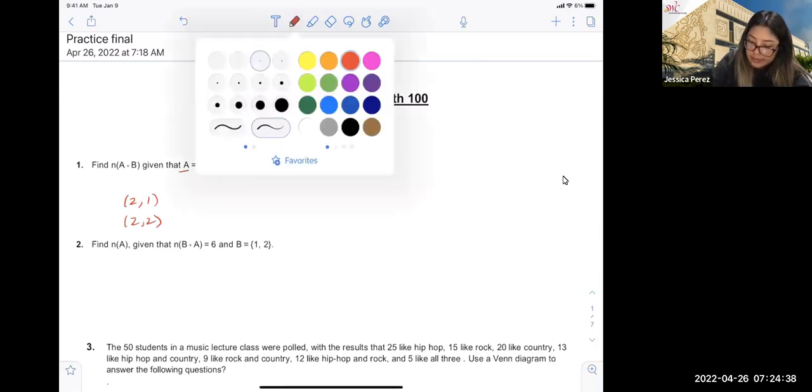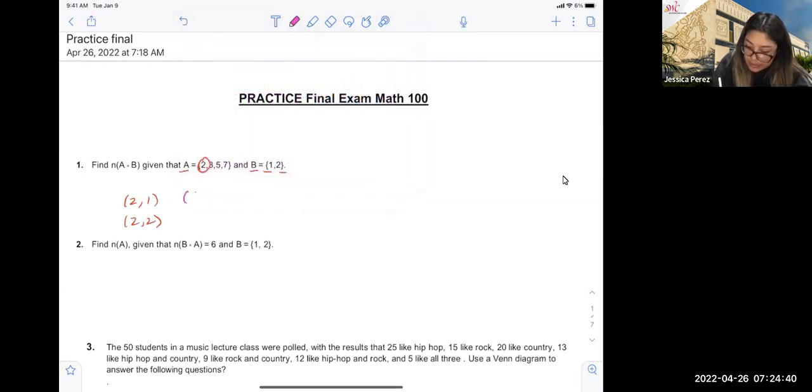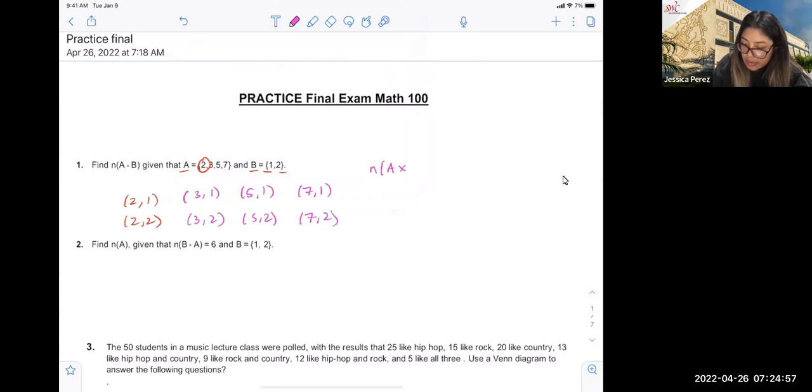Then you also have, of course, the order does matter. You have 3, comma 1, 3, comma 2, 5, comma 1, 5, comma 2, 7, comma 1, 7, comma 2. So here's 1, 2, 3, 4, 5, 6, 7, 8 in total. So the cardinality of A cross B is equal to 8 because you have 8 items in total.